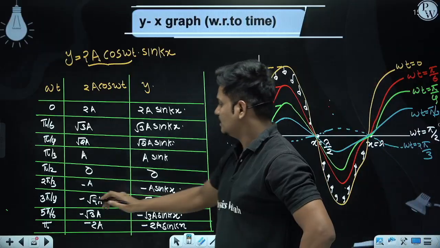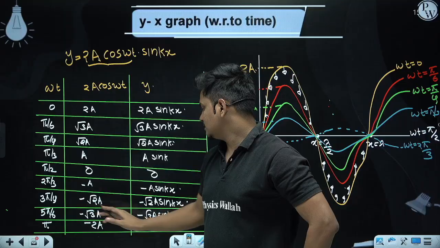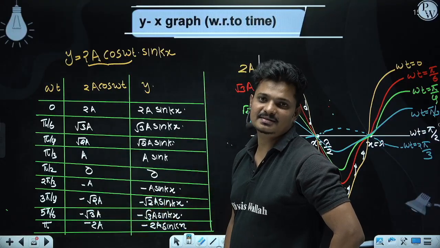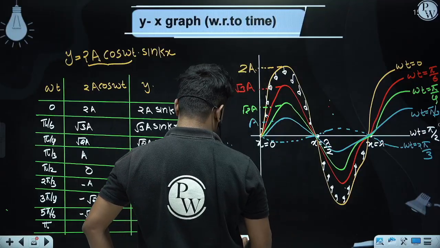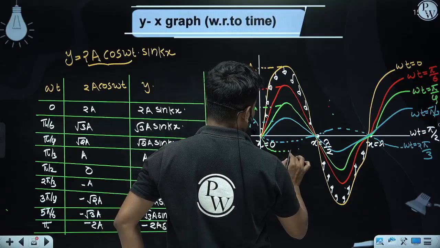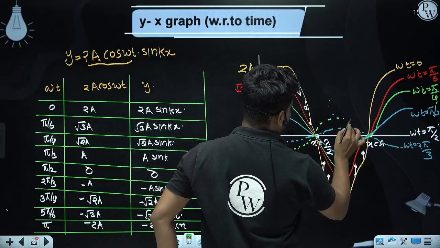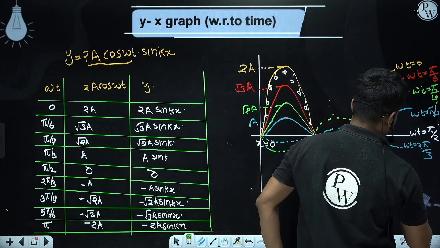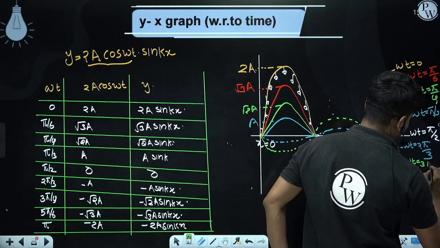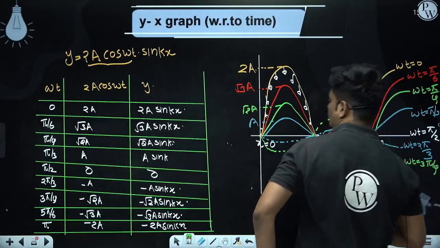The next one, at 3 pi by 4, what is the expression? Minus root 2a sin kx. That means we can draw like that. Omega t is equal to 3 pi by 4. Okay, the next one.